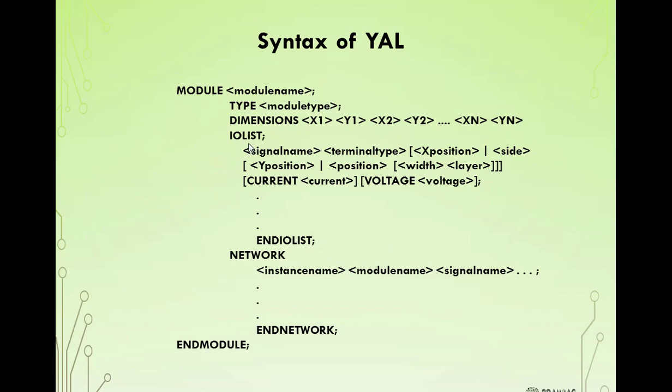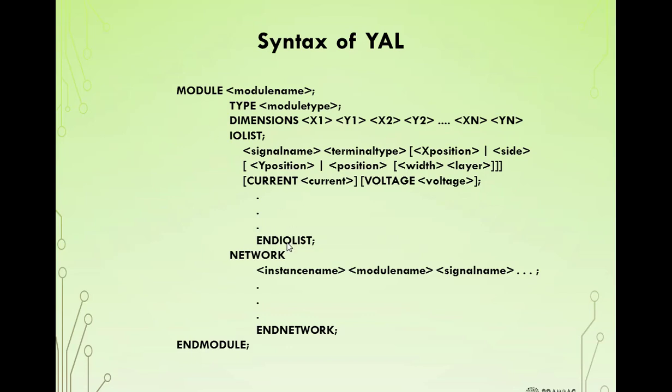Again in the angular brackets we give the signal name, that means the signal that is coming out from that particular module, and then we give the terminal type, which can be input, output, bidirectional, etc. In the square brackets we describe the optional items, the optional things that we can represent in the IO list particulars.